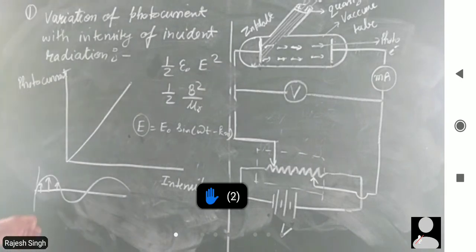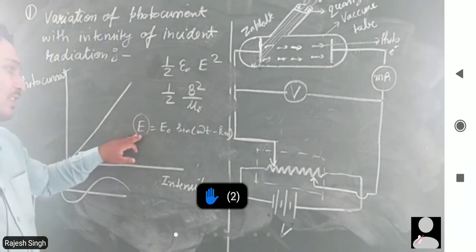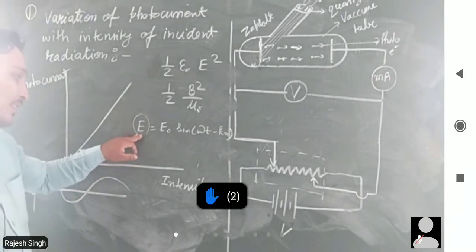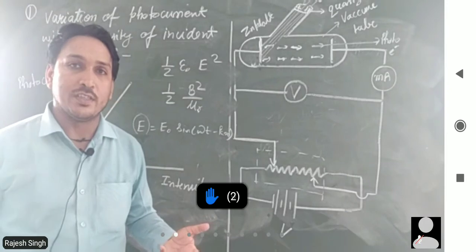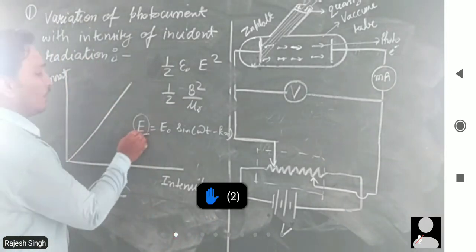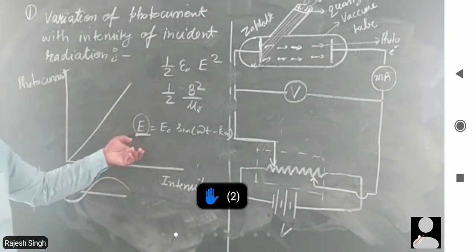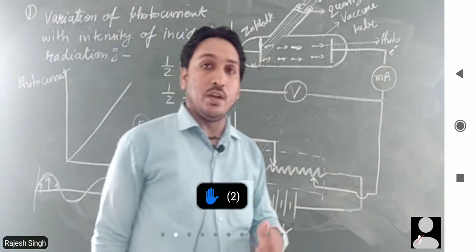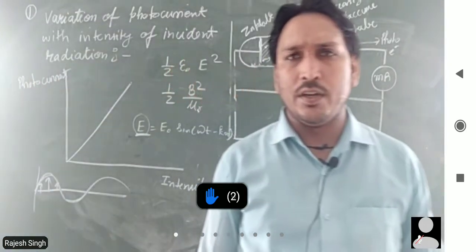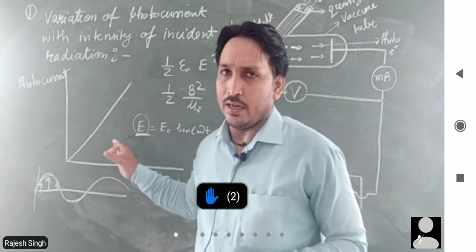So when we increase the intensity in terms of the wave, we are increasing this value, and if we are increasing this value, then we are giving more energy, and more energy will result in more current. It was as we expected.